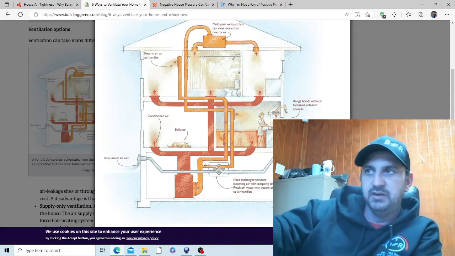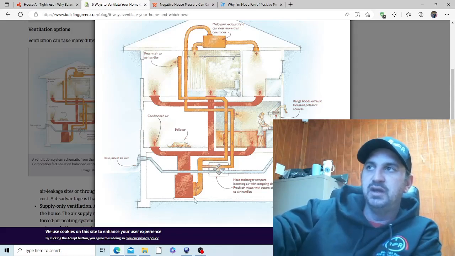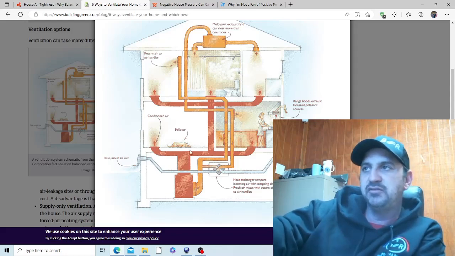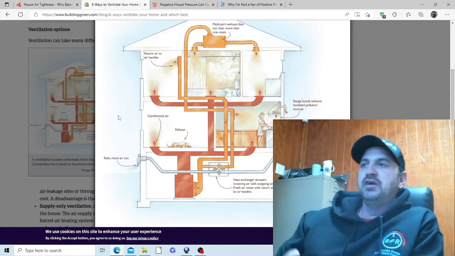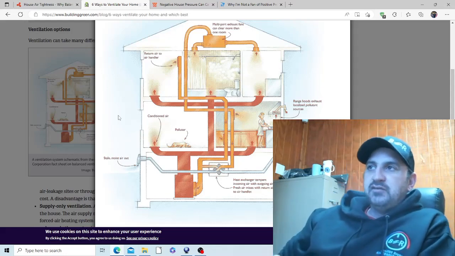This here is basically introducing it into the return air system so that it goes out with the conditioned air and gets conditioned as it passes through your unit. And it's being pulled back in through some exhaust and put back out, and it pushes the stale moist air out. This is a really good setup.